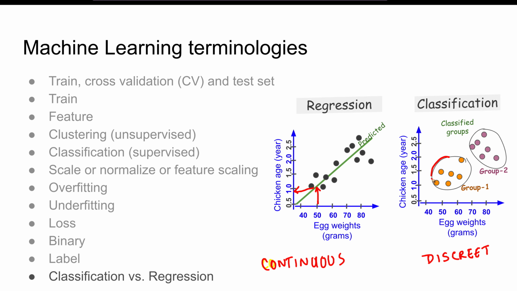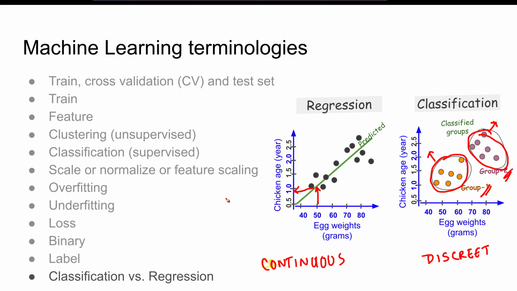We have one group that is right here, which is group 1, and then the second group right here, which is group 2, and then we could label these as group 1 and group 2, and these could be used for further analysis, let's say for the protein content of these eggs versus these eggs, etc. So that's the difference between classification and regression. You're trying to predict continuous data versus discrete data.